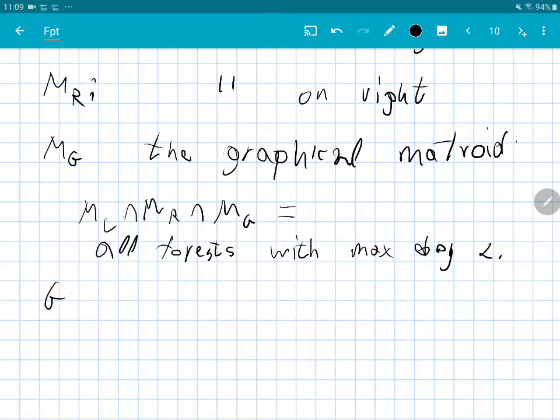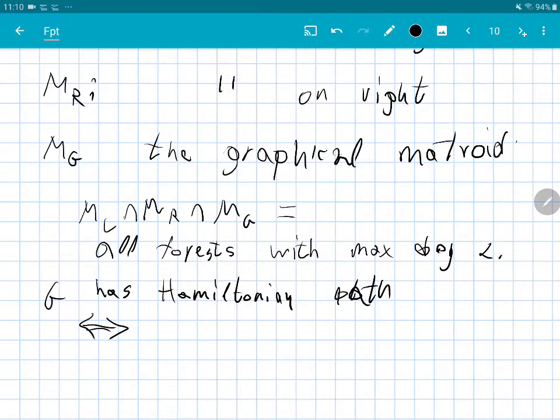So G has a Hamiltonian path if and only if the intersection, let's call it I, contains a set, a collection of edges, of n minus 1 edges.